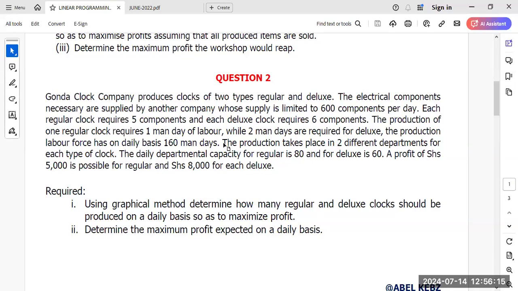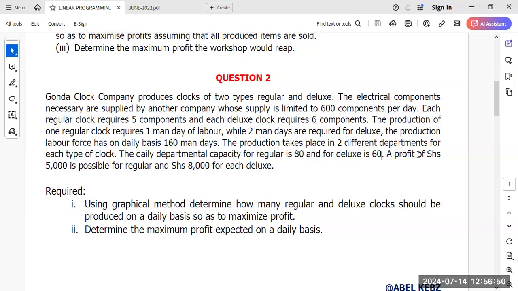When you're interpreting, your mind should be in terms of identifying the constraint, the limit, the inequality available. But there is nothing like an inequality in this statement. The daily departmental capacity. Remember, capacity is one of the constraints. The daily departmental capacity for regular is 80, and for Dirk's is 60.